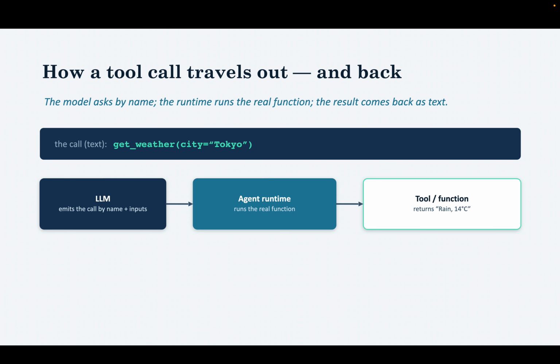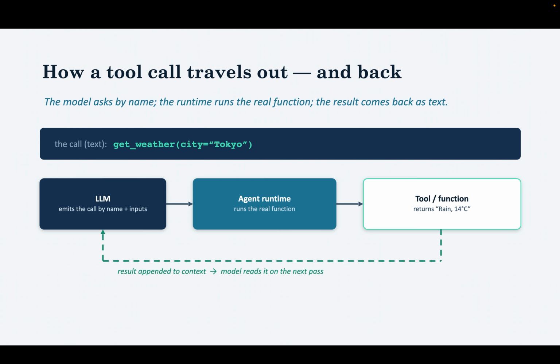The agent runtime, which is running in the background, actually calls the tool that the LLM has requested, to get the weather, and then it returns the result: rain and 14 degrees Celsius.